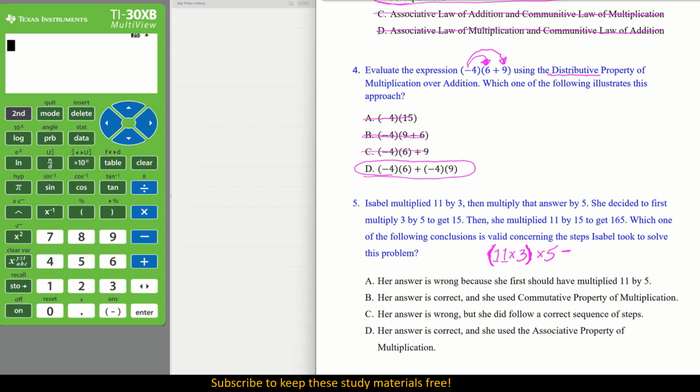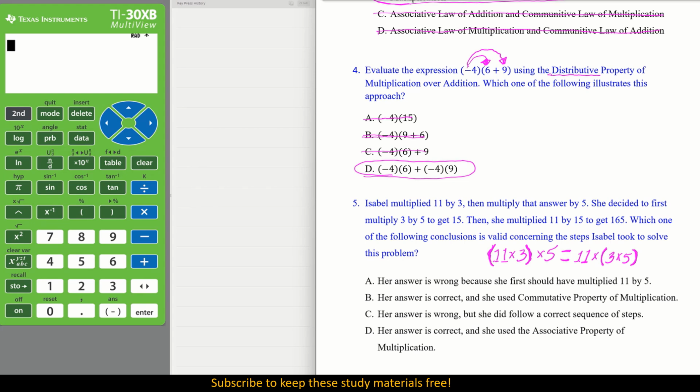But then they say, okay, wait a minute, Isabel changed her mind. Okay, which Isabel can do if she wants. Well, what happened was the 11 is hanging out here. But then first, what she did is she said 3 times the 5. Then she multiplied by the 11.